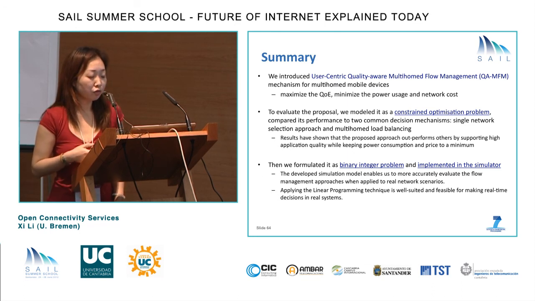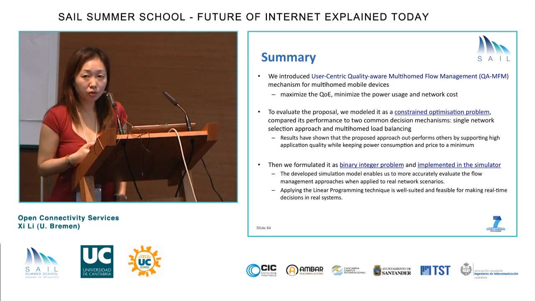The first method we formulate as a constraint optimization problem, and we compare with two other decision mechanisms, and we find out the proposed flow management mechanism can outperform the other two mechanisms with higher application quality, reduced power consumption and reduced network cost. And this is the gain of our proposal.